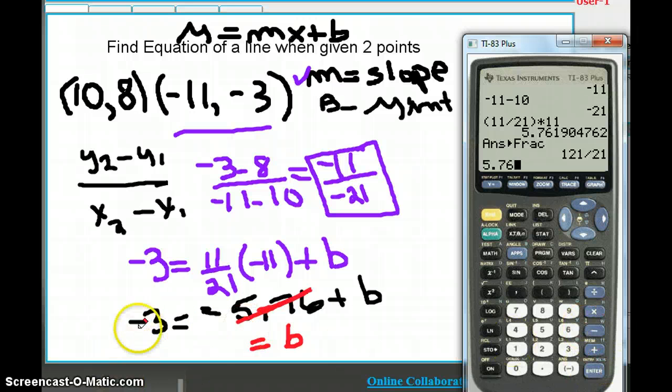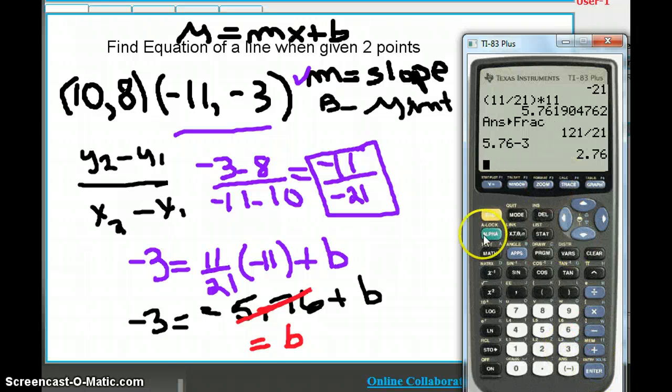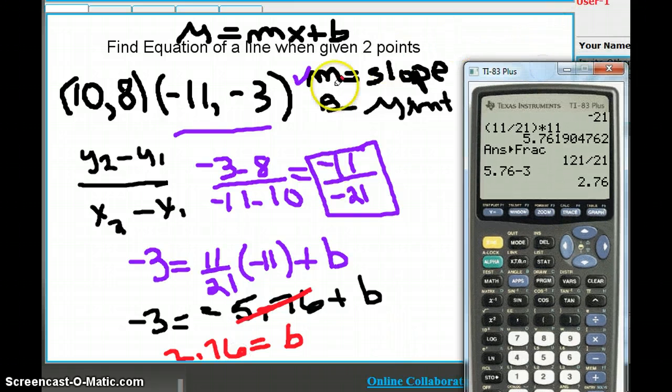Okay, so we know this is a minus 3. It's considered to be a minus, so we're going to subtract 3. And we end up with the b being 2.76 as our b.